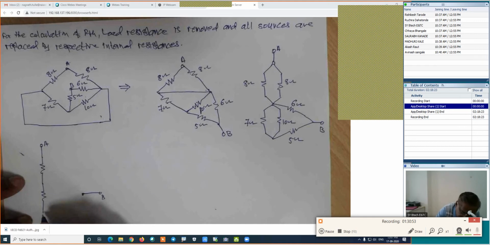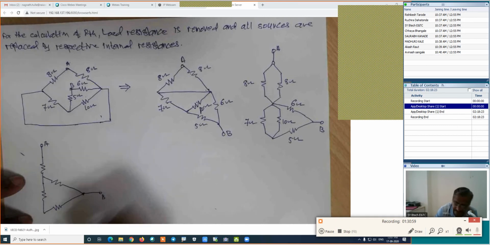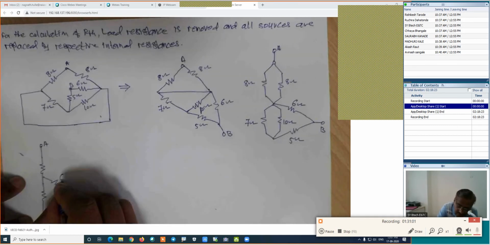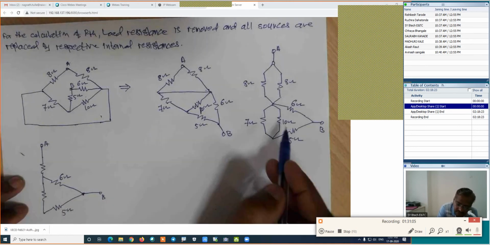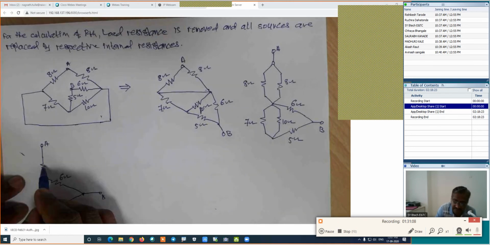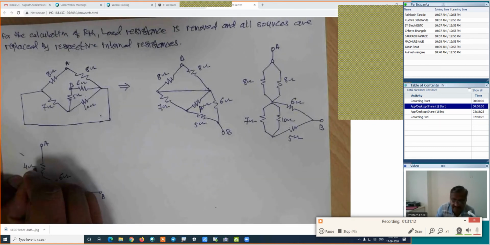एक रेजिस्टेंस यहां से है और दूसरा रेजिस्टेंस मेरा यहां से है. Is it right? This is 6 ohm. This is 5 ohm. This is the parallel combination of the two, and this is the parallel combination of the two. Its parallel combination will be the 4 ohm. Is it right?